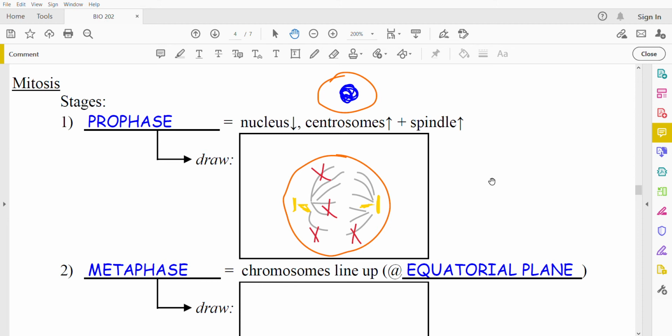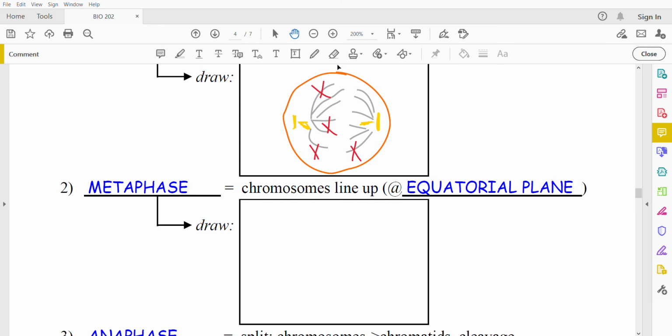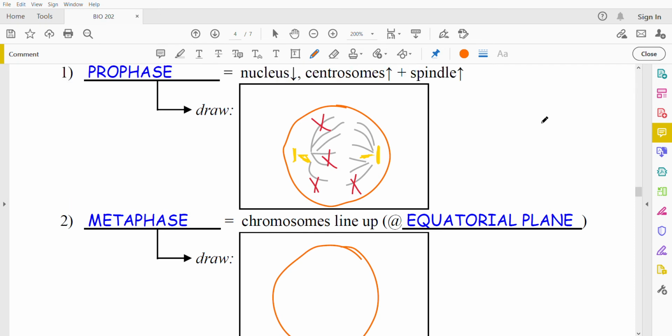Let's move on to the metaphase and see what happens there. So now let's start by drawing the cell again. And within this cell, we will see, again I'm trying to show the parts there. Good.